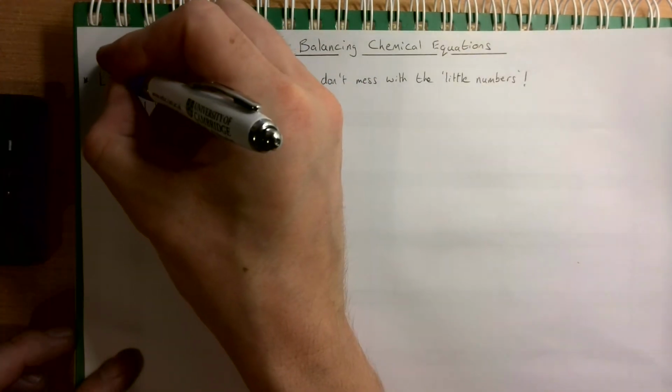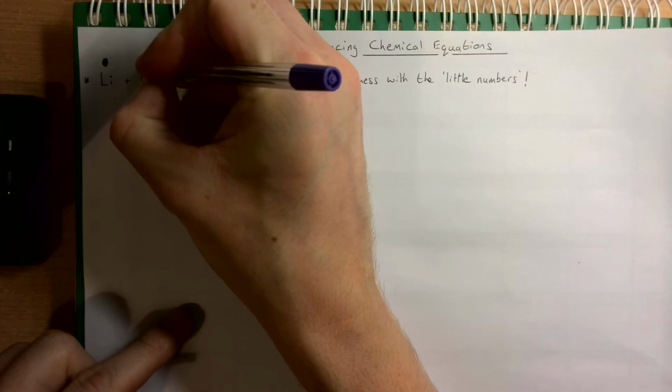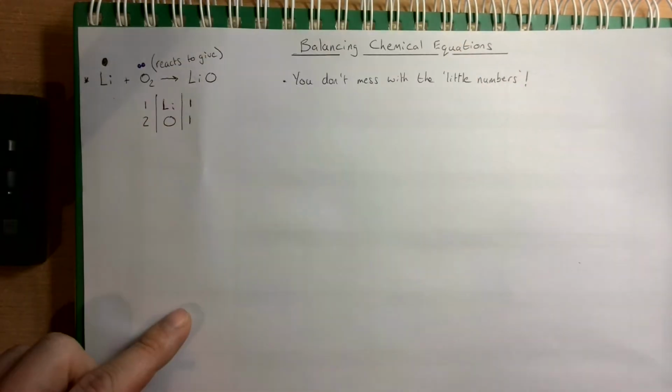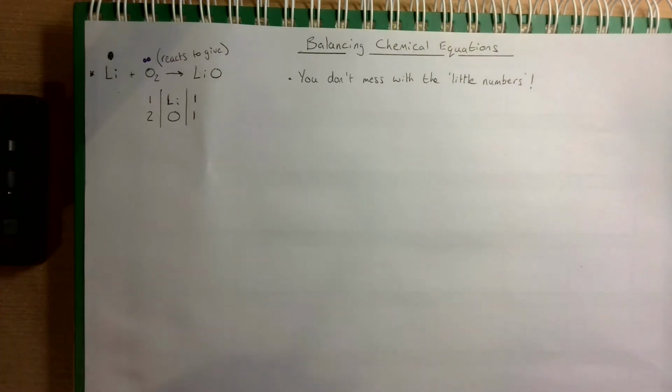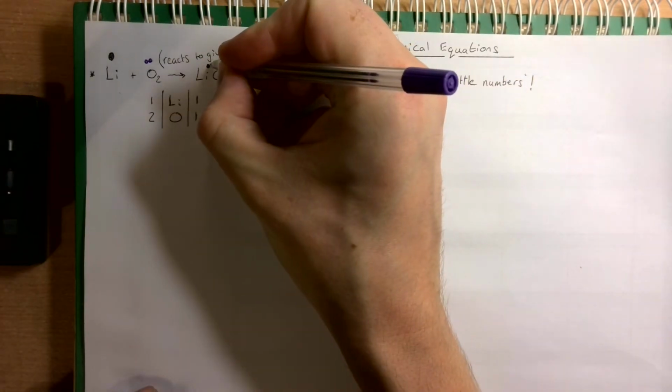Okay, I'll colour it in as well, why not? And then over here with our oxygen, we've got a little 2 next to it. That demonstrates that in the oxygen molecule, there's actually 2 oxygens there. Similarly, when they react together, we've got a lithium and an oxygen.